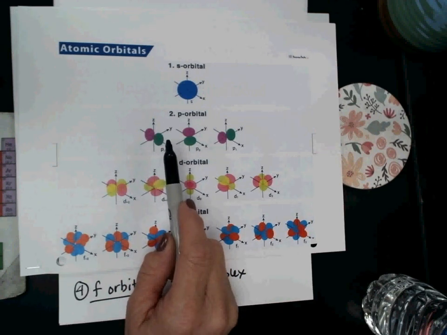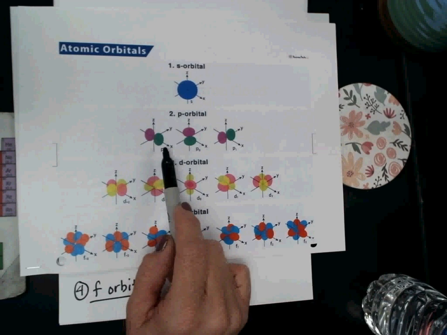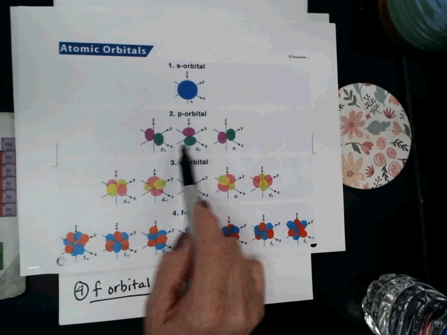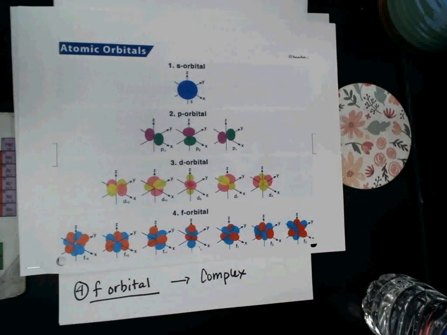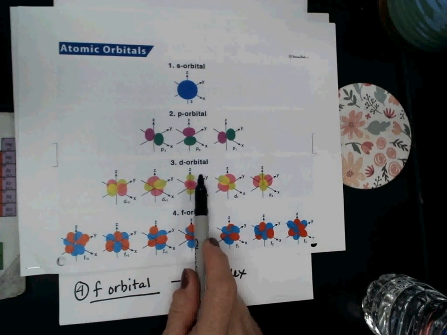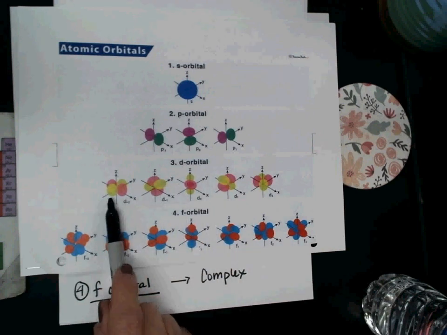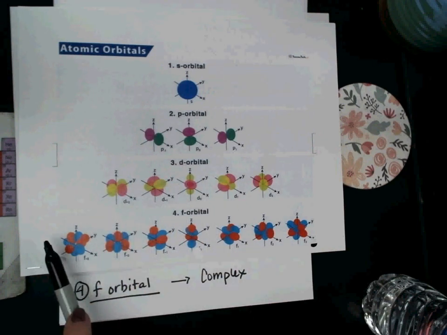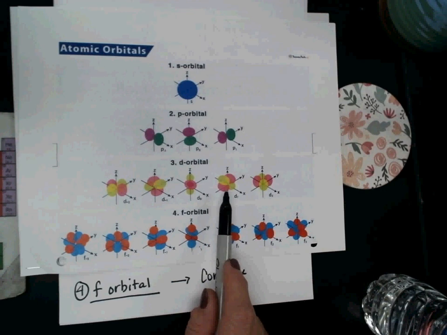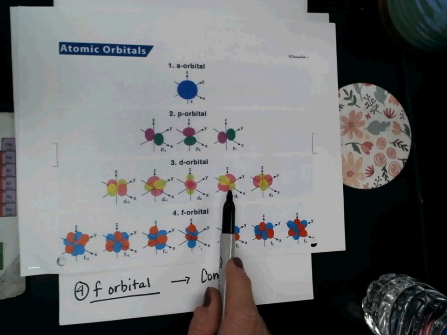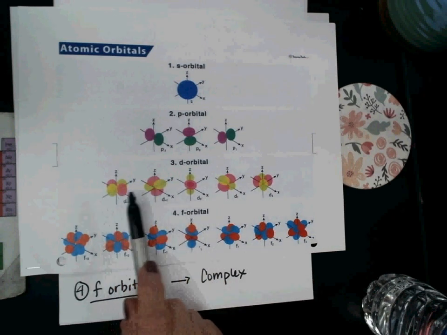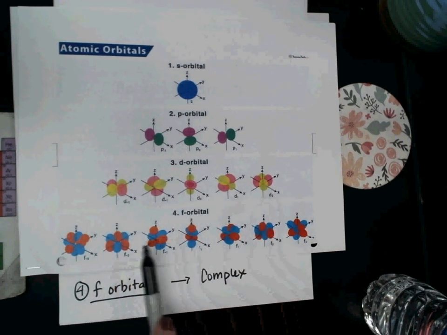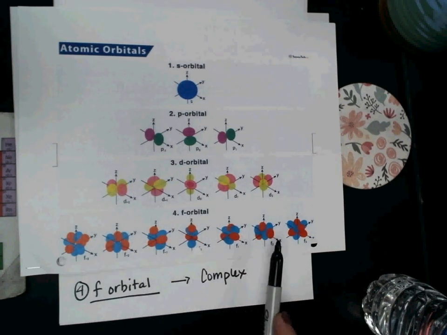And that dumbbell can be on any one of the 3-dimensional axes. So there's not just one, there's actually 3 of those in a p. The d, this is the 4-leaf clover, which you can kind of see. Where do you see it best? Maybe here is where it best looks like a 4-leaf clover. 5 different orientations it can have. And then look at f. How do you even give something like that a name?